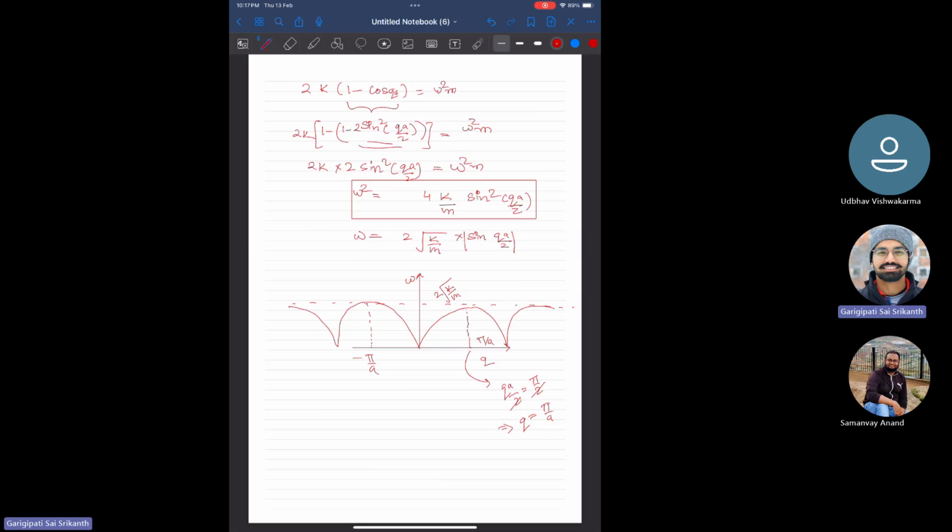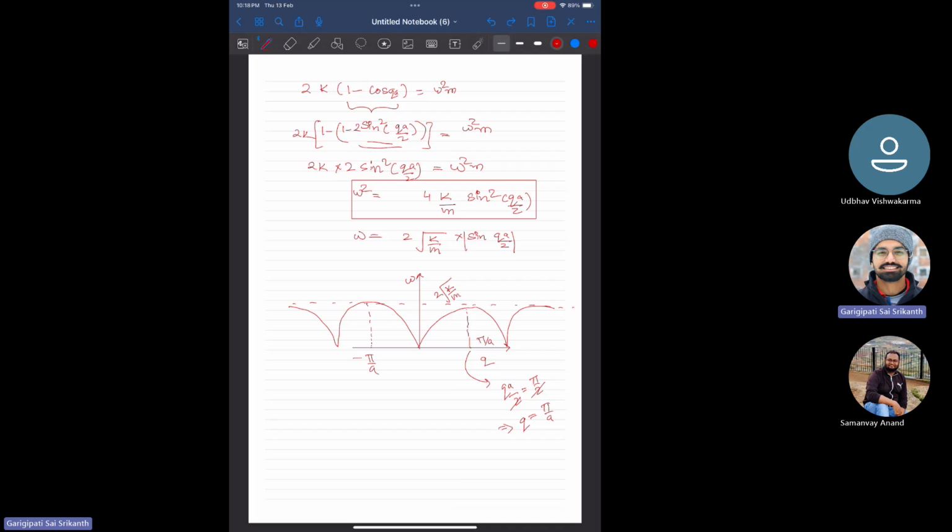So omega is equal to 2 times under root k by m, and then sine square becomes mod of sine, because again omega cannot be negative. So this is the final form of our equation.